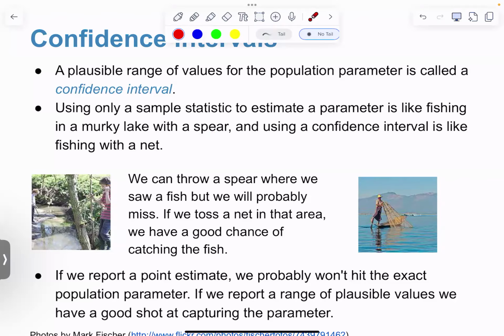Remember, we don't know what the population proportion is, so we're just taking one sample, jabbing once, and that's it. That's not usually that great of an estimate, but using a confidence interval is like fishing with a net. Based off of this sample, I go down a little, I go up a little, and then I feel pretty good that I've captured the population proportion.